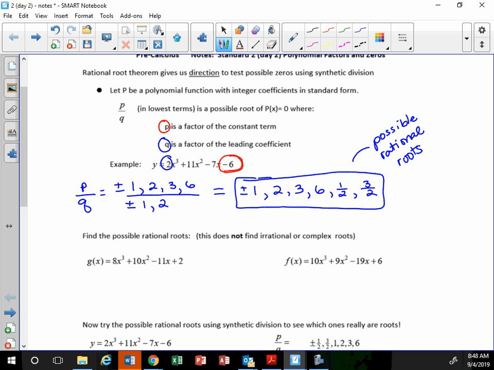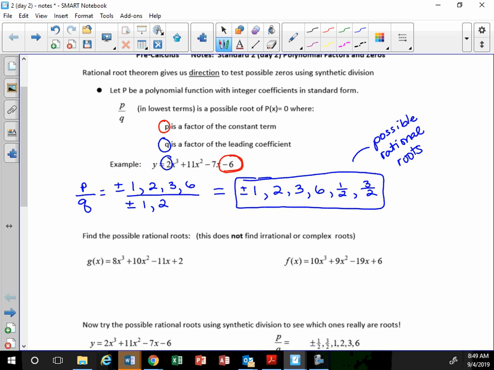Numbers that are not rational, those are irrational, like square root of 2 or pi. Numbers that are non-repeating, never-ending decimals, we're not going to find those with our PQ list, okay? Imaginary numbers, we won't find those. But rational numbers, that's what these are, we could find those, all right?